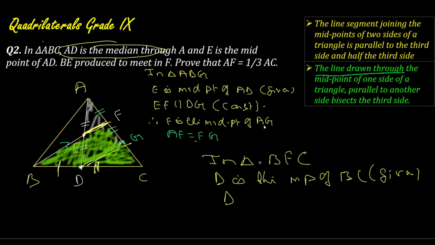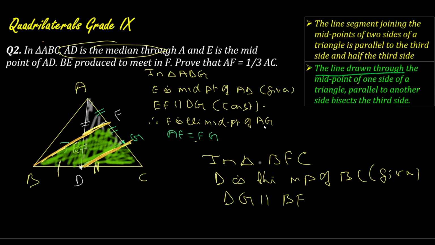And DG is drawn parallel to BF. That we have already done in the construction part. You can see that line DG is drawn parallel to BF, and that's from construction.